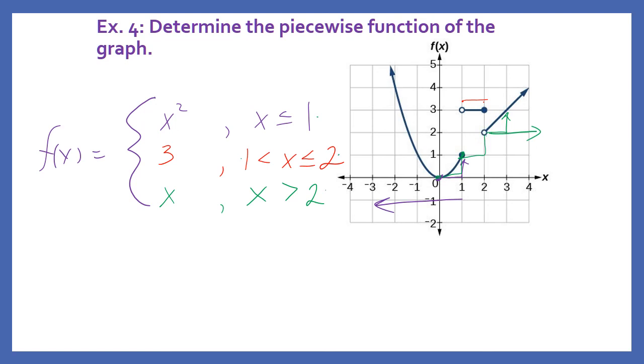If we had a 4th piece or a 5th piece, it would follow that exact same pattern. You should also probably never have less than or equal to's on back-to-back pieces of the function. Just something to keep in mind. So that's working backwards, looking at the graph, coming up with the piecewise.